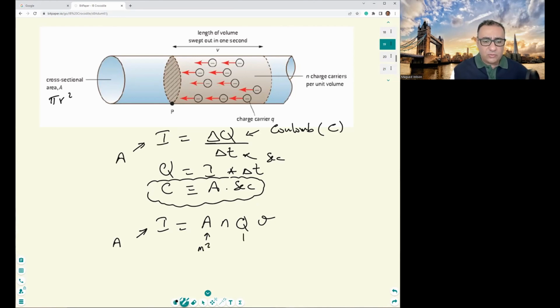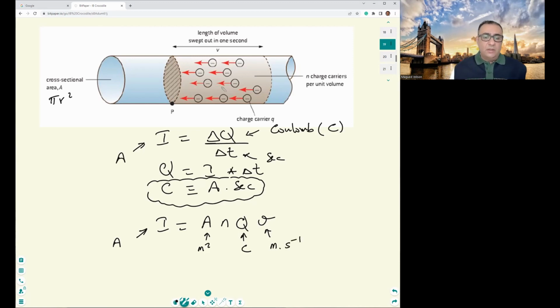Quantity of charge we just discussed is in Coulomb. v here is called the drift velocity, a constant velocity by which the electrons are drifting through the lattice of the metal. In our program, we are going to take the average velocity and call it drift velocity. Velocity in the SI system is, of course, meters per second, or meter second minus 1.